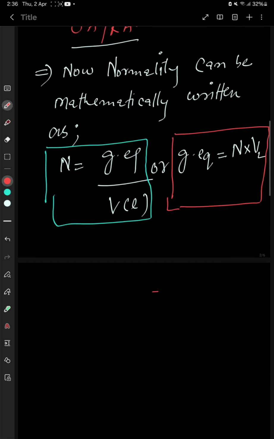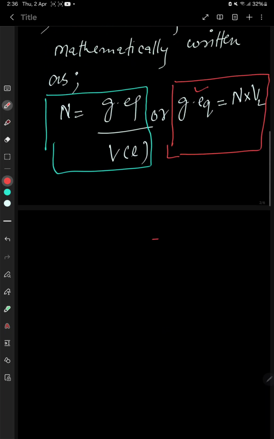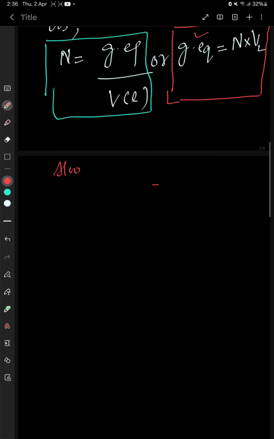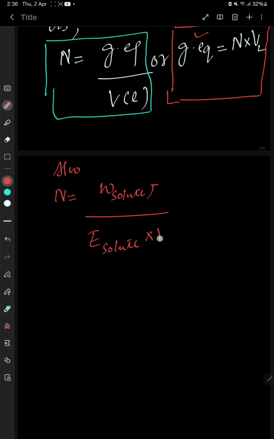We can say that normality is equal to gram equivalents divided by volume in liters. Or, we can put gram equivalents equal to the normality of the solution multiplied by its volume in liters. Also, normality can be written as the given weight of the solute divided by its equivalent weight multiplied by volume in liters.